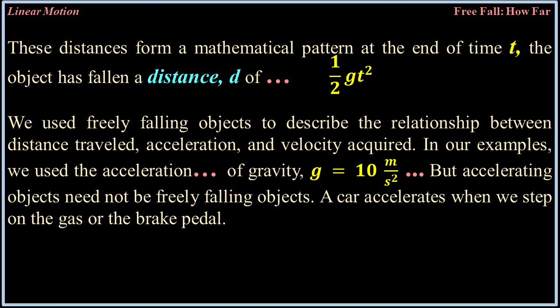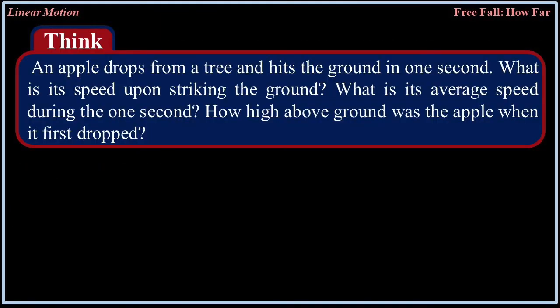In our examples, we use the acceleration of gravity, g equals 10 meters per second squared. But accelerating objects need not be freely falling objects. A car accelerates when we step on the gas or the brake pedal.